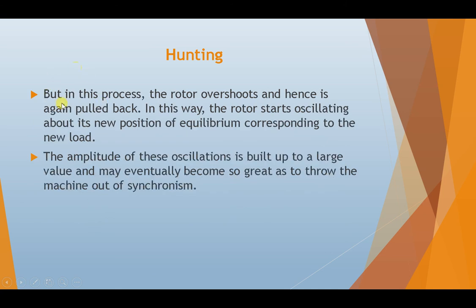But in this process the rotor overshoots, and as it is rotating with some speed, it is again pulled back. In this way the rotor starts oscillating about its new position of equilibrium corresponding to the new load. The amplitude of these oscillations builds up to a large value and may eventually become so great as to throw the machine out of synchronism.